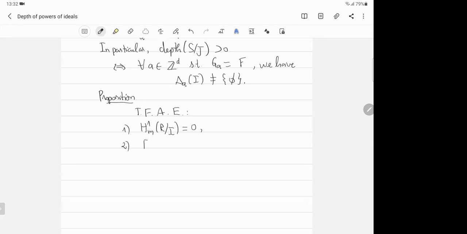So maybe here I write a notation. This is R_j, where j is from 1 to d.